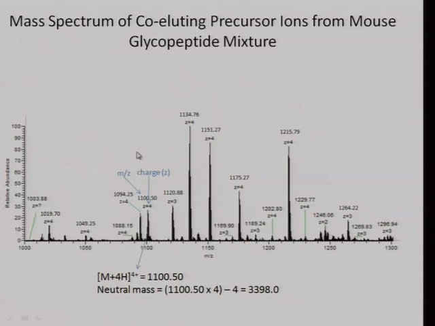So in order to work out what the actual mass of this particular peptide is, so this is an M plus 4H, 4 plus. So it's got 4 protons attached to it. So to calculate the neutral mass, I'm going to take the 1100.5, I'm going to multiply it by 4, because it's got 4 charges, and I'm going to take away the mass of the 4 protons to get the neutral mass. So this particular peptide has a mass of 3,398.